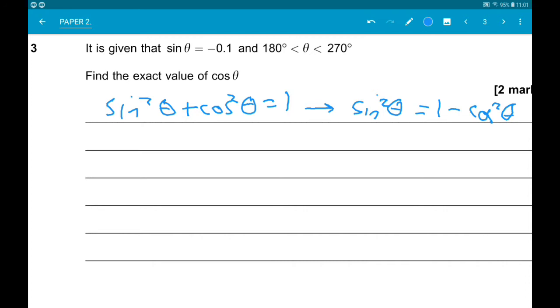Okay, so if we square both sides, we get sine squared theta is equal to 0.01. So 1 minus cos squared theta is 0.01.